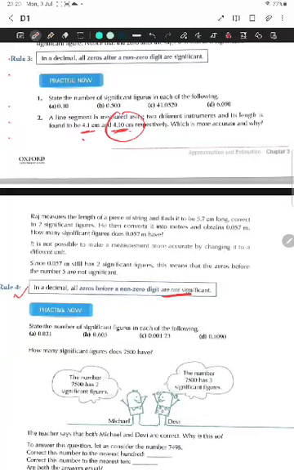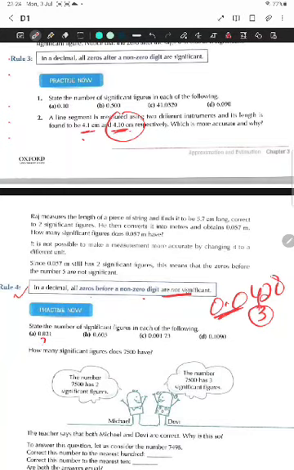So, for example, for instance, the number is 0.0428. How many significant figures over here? 3, because these zeros will not be considered. So all zeros before a non-zero digit are not significant. We will not consider them.